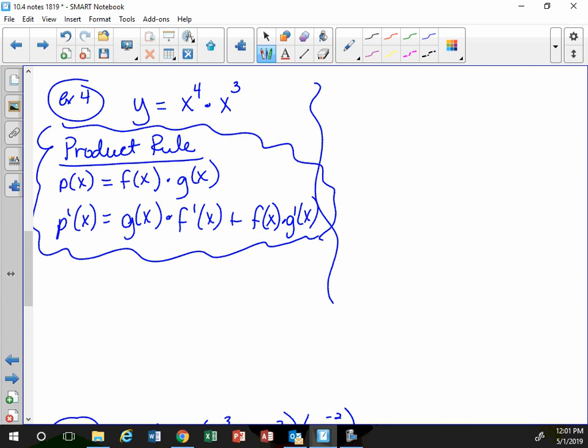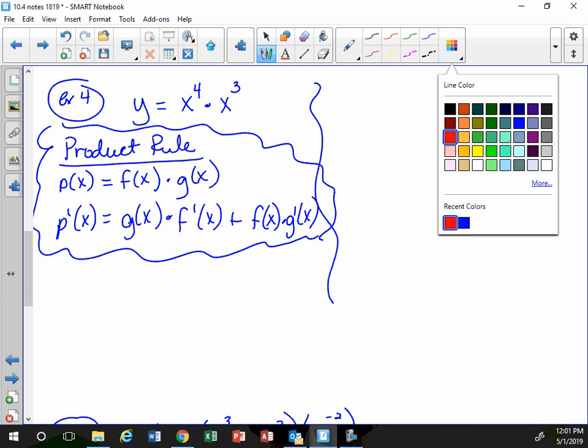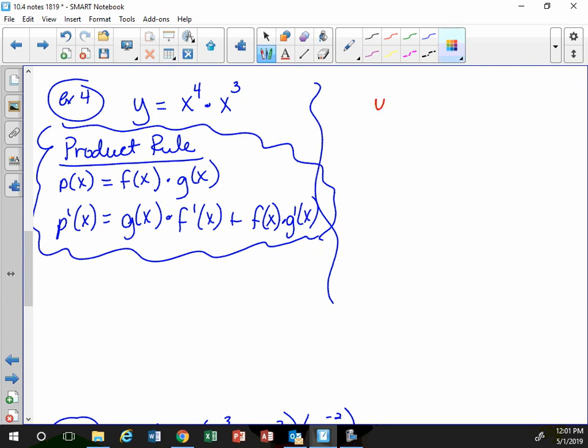Okay. All right. We know that this is just x to the 7th, right? And the derivative should be 7x to the 6th, correct? Everybody with me on that? Okay. Let's go through it with the product rule to see if that's where we end up. So I want to find y prime.